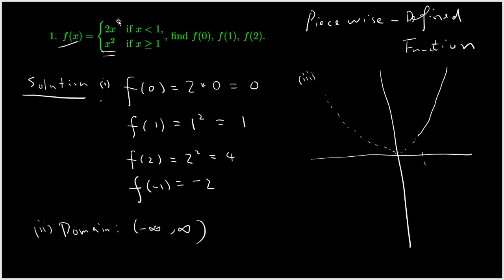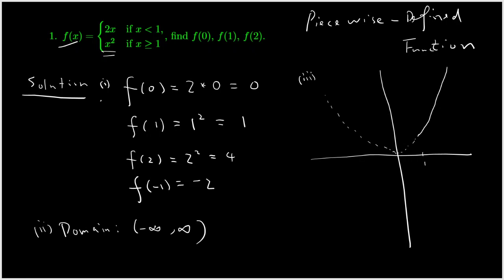The graph of 2x is a straight line with the slope of 2. You know the coefficient of x is the slope. But it's only the portion to the left of 1. The line is passing through the origin with the slope of 2. Illustration only.